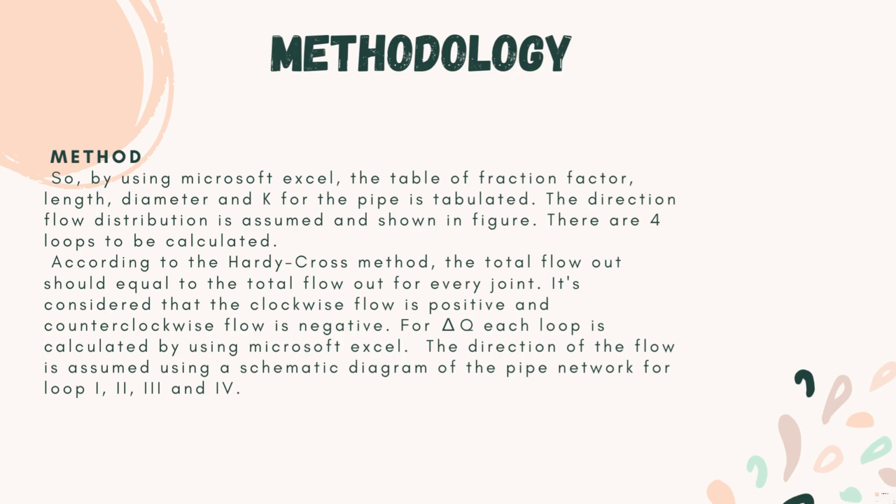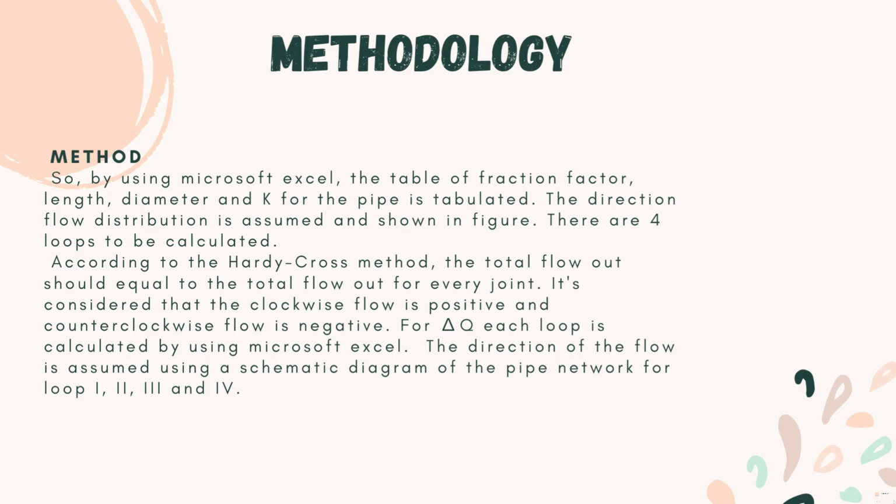For our methodology, by using Microsoft Excel, the table of friction factor, length, diameter and K for the pipe is tabulated. The direction of flow distribution is assumed and shown in the figure. There are four loops to be calculated. According to the Hardy-Cross method, the total flow in should equal the total flow out at every joint.